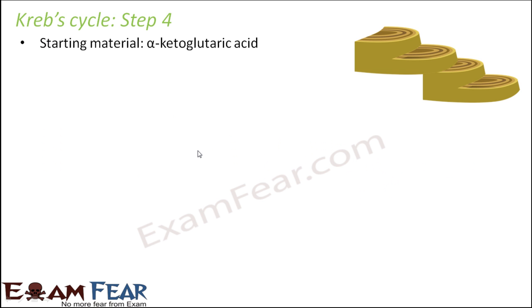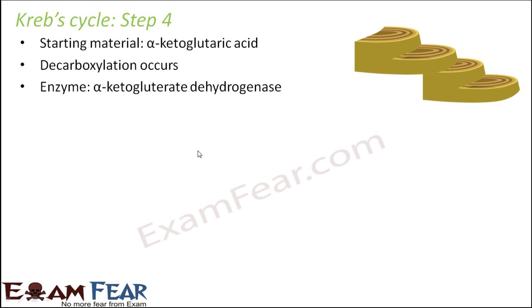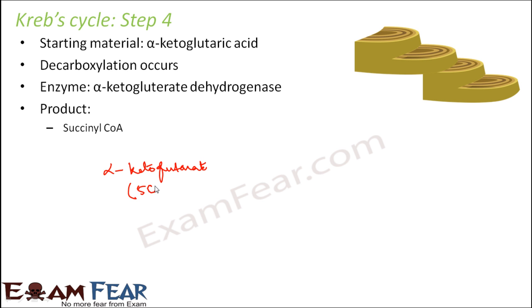Step 4, the starting material will be alpha ketoglutaric acid, and here again decarboxylation occurs. As I said, during Krebs cycle, multiple decarboxylation will occur in order to cause the complete oxidation of pyruvic acid. So after another decarboxylation with the enzyme alpha ketoglutarate dehydrogenase, the product formed is succinyl coenzyme A. So alpha ketoglutarate is a 5-carbon compound.